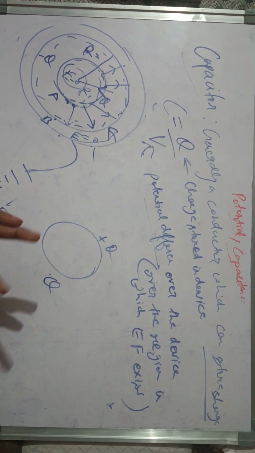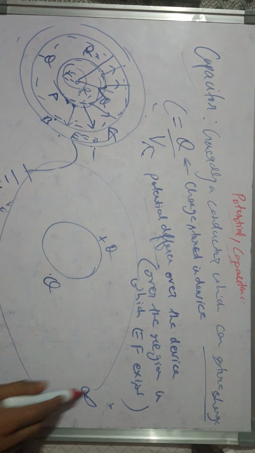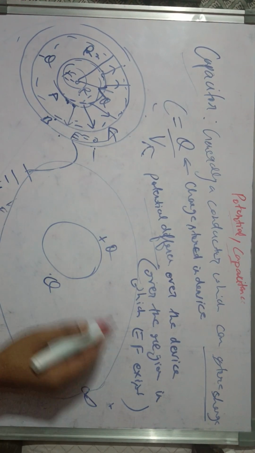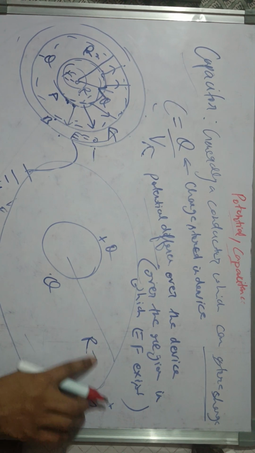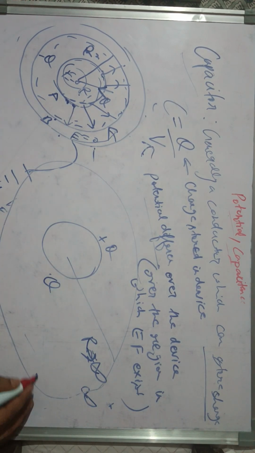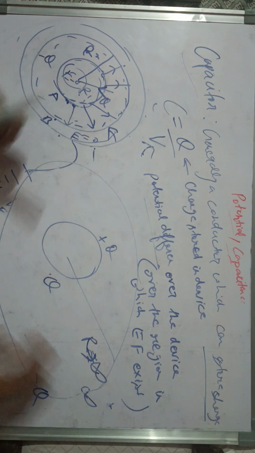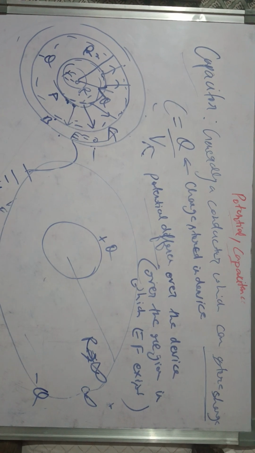But we can assume that at infinite location there is a very large surface of radius r tending to infinity, and it has charge minus q. So we can assume there is another body, but it is at infinite location. We cannot see it.